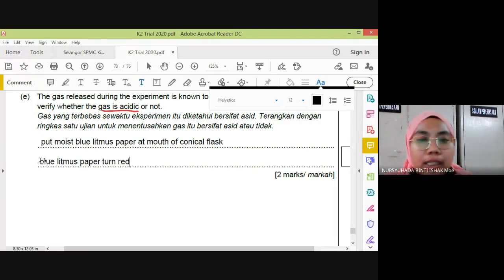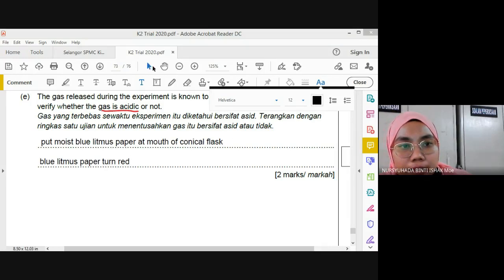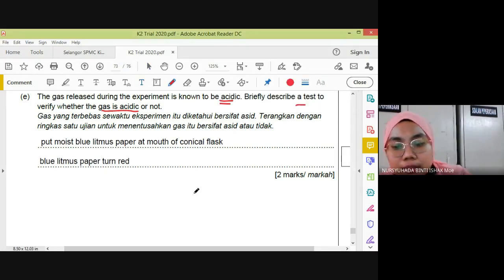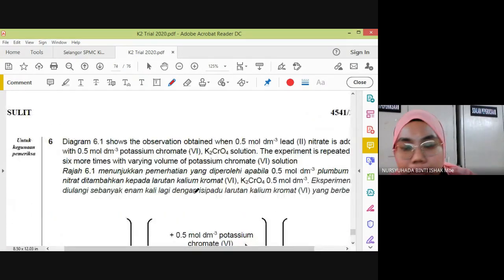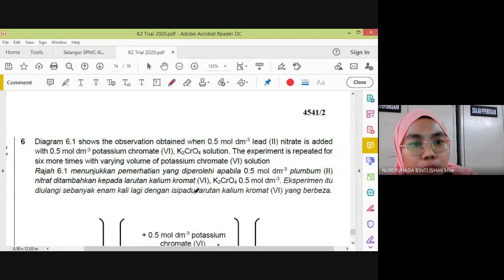Okay, soalan yang terakhir. Okay, question 6. Diagram 6.1 shows the observation obtained when 0.5 mole lead nitrate is added with 0.5 mole potassium chromate.